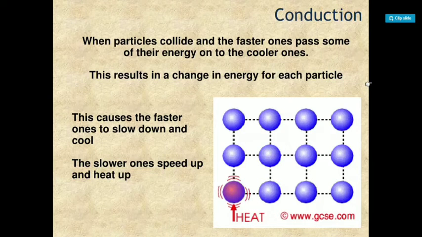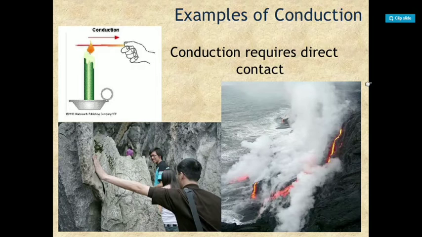So the slower ones speed up and heat up. Since the energy was passed on to the next particle, the particle that received that energy will speed up and will also heat up. Examples of conduction, which requires direct contact: the first picture we have is a candle and you are handling a metal.